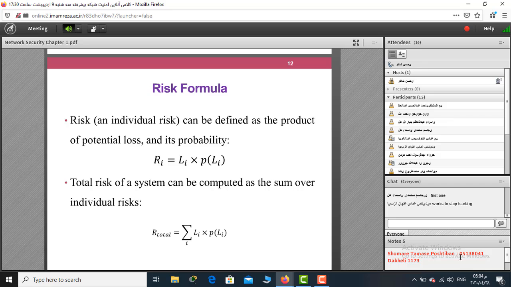Well, just one or two slides from chapter 2. This is the end of chapter 1. Just one or two slides from chapter 2 will also be discussed in this session, and more slides will remain for the next session.